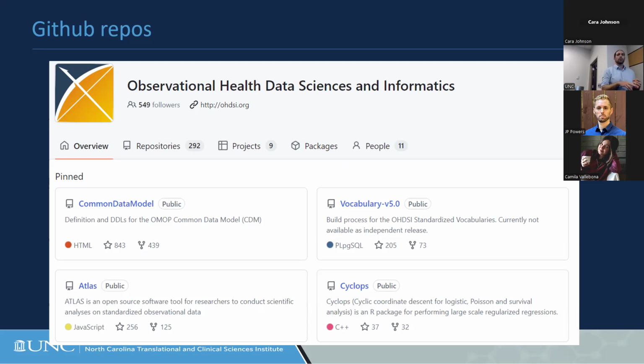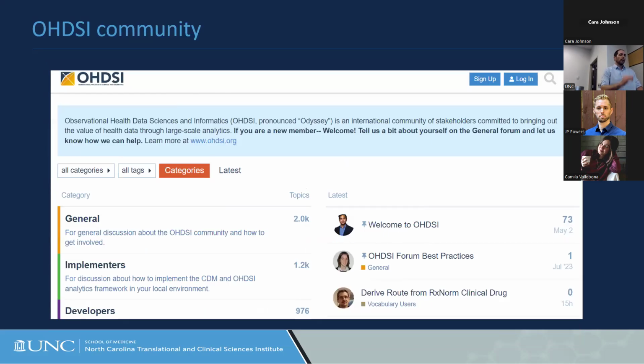So Atlas is an open source tool that they make available for actually engaging with OMOP data. And in theory, you can design and execute analyses against a cohort through Atlas. And then they have a relatively large number of R libraries and packages, so Cyclops, Hades, lots of different things focused on different aspects of the observational data process.